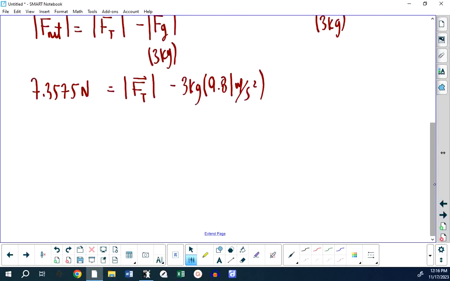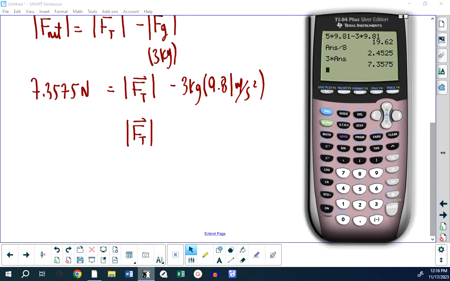So mathematically looking at this, we have to take the 7.3575, and to get Ft by itself, we're going to have to add to that net force of 7.3575 whatever 3 times 9.81 is. So I'm going to add 3 multiplied by 9.81, and I get 36.7875 newtons. Okay.